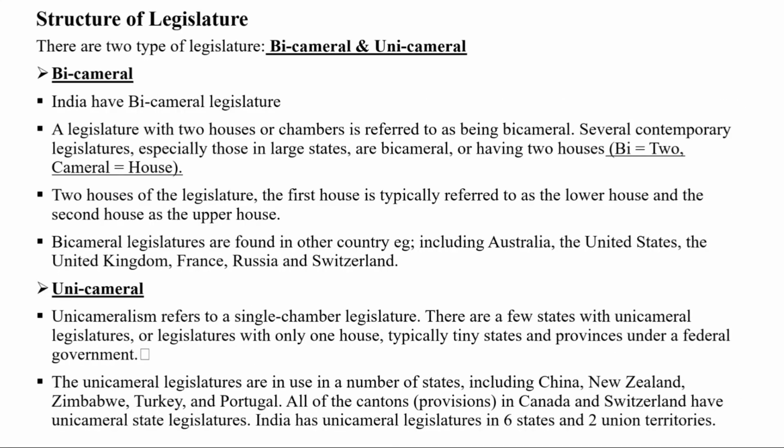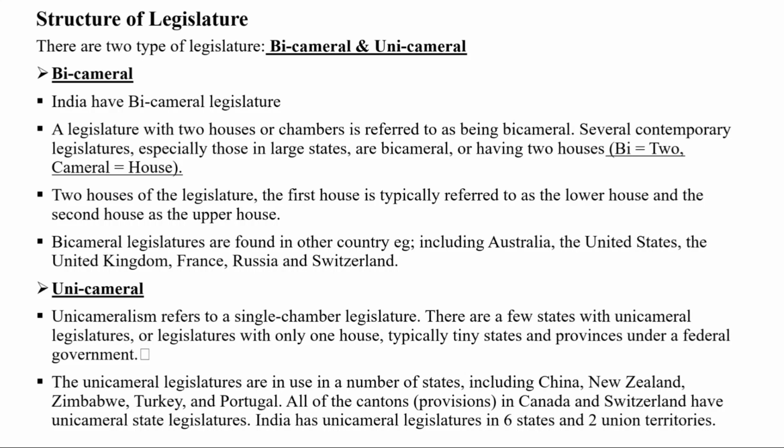Now, let's discuss the structure of legislature. There are two types of legislature, namely bicameral and unicameral. So let's discuss bicameral. India has a bicameral legislature. A legislature with two houses or chambers is referred to as being bicameral. Several contemporary legislatures, especially those in large states, are bicameral.